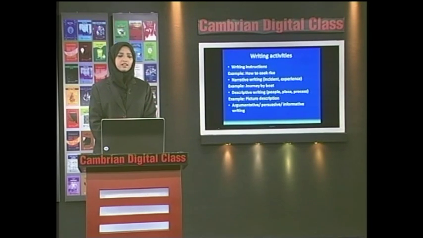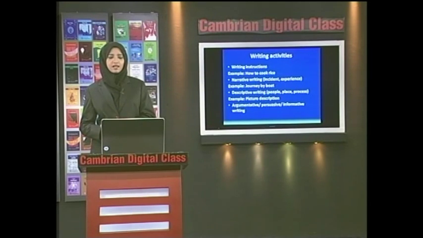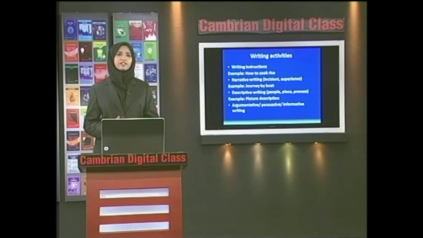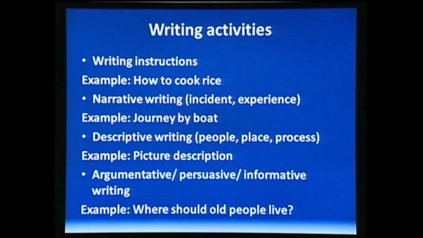Okay, here, in argumentative writing, you can argue about your own thoughts. In persuasive writing, you can persuade your readers. And in informative writing, you can give information to your readers. Here's an example. Where should old people live? Okay, you can argue with this topic, you can persuade, or you can give information. Okay?